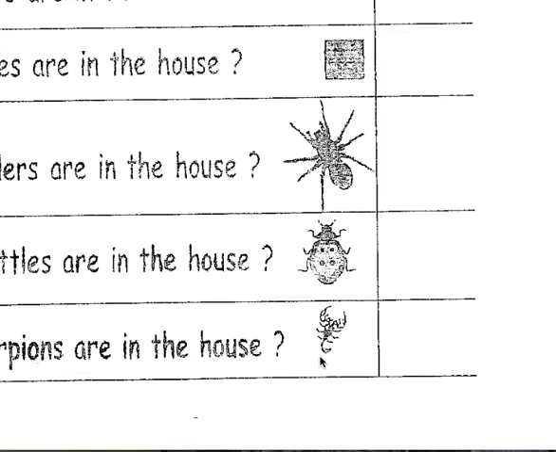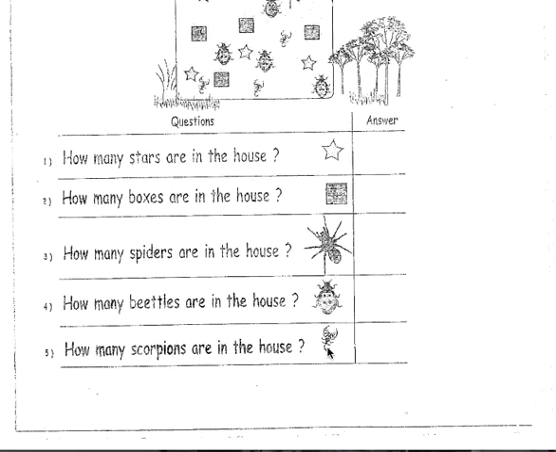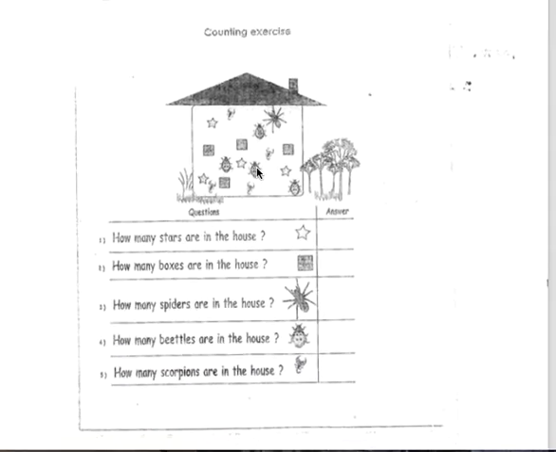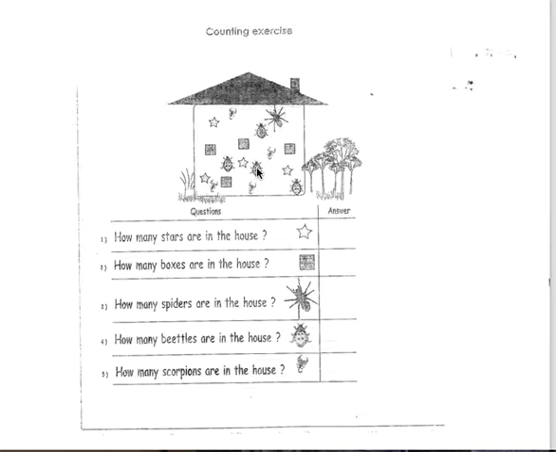You're going to count and show how many here. How many scorpions are in the house? Another little critter. Let's get a good look at what that critter looks like. There it is, right there. So you want to look for those things in the house. Once you're done, you're ready to move on to the next page.